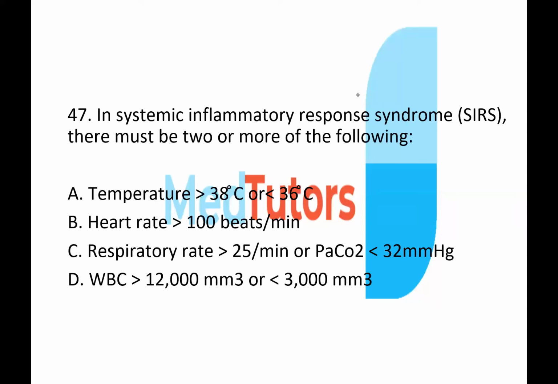White blood cells should be either greater than 12,000 or less than 4,000, not 3,000, or immature band forms more than 10%. So the answer here is A. You see why one has to be very careful with MCQs. Look at how 25 is manipulated. Look at how 4,000 is manipulated to 3,000.